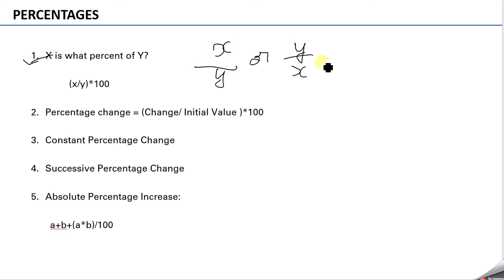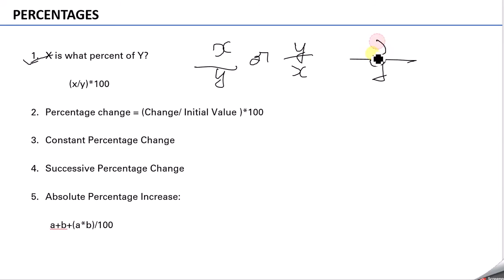Just remember, when they're asking x is what percent of y, y is the denominator, because they're asking x is how much of y. That is what they're asking.